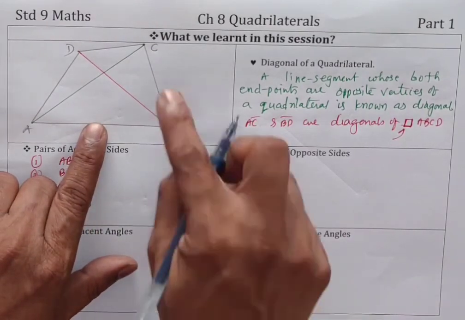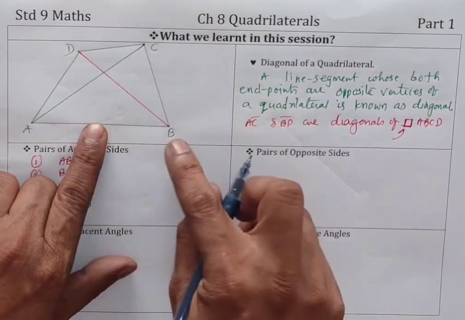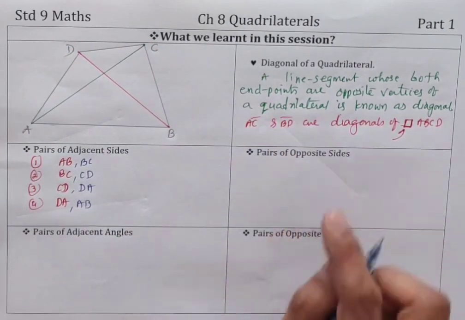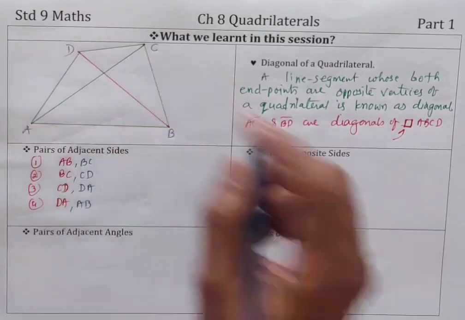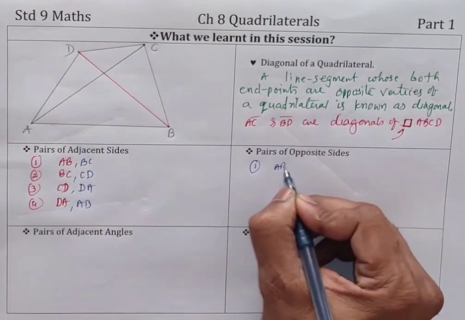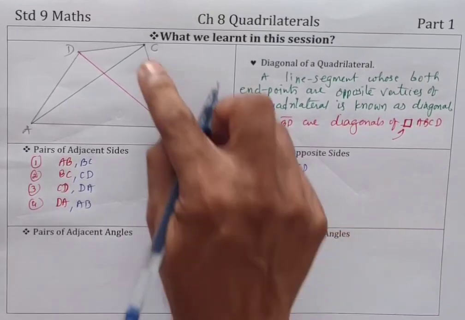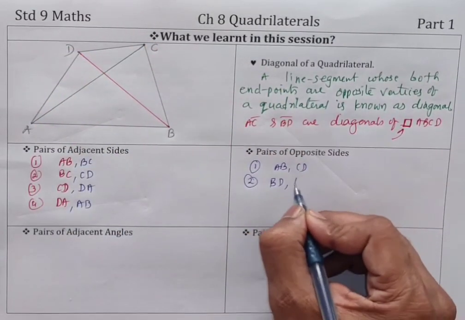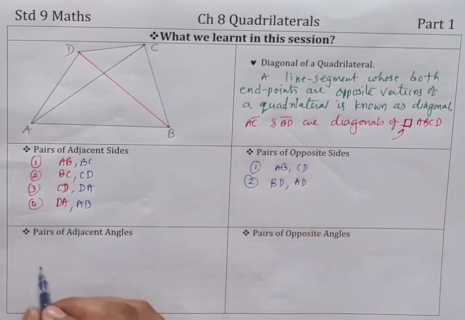Every side has two adjacent pairs, like AB के साथ BC और AB के साथ AD. And now let's see opposite sides: first pair AB and CD, and second pair BC and AD. I'm just writing it because I've already explained to you. Correct? AD bolo, DA bolo, it's one and the same.